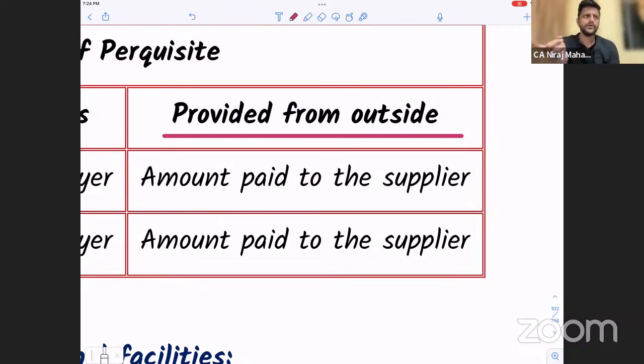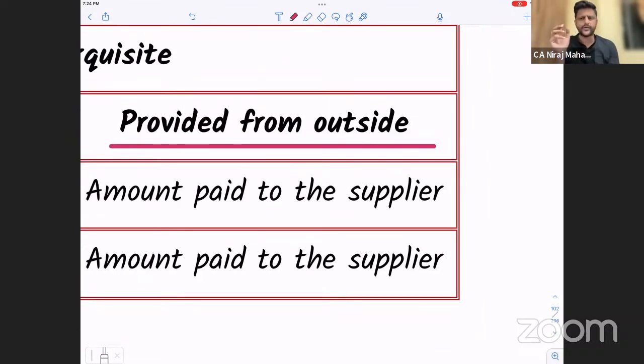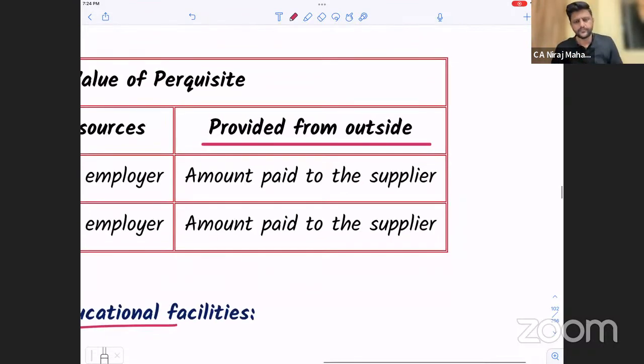So the gas, water supply, electricity is given by third party. That's why we are calling it as provided from outside. Clear till here, all of you? Tell me. Understood or no? Everybody? Yes, till here? Fine. We'll go ahead, everybody.